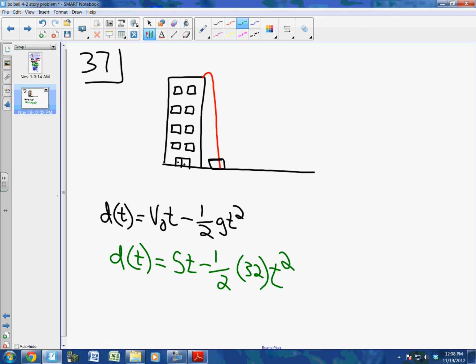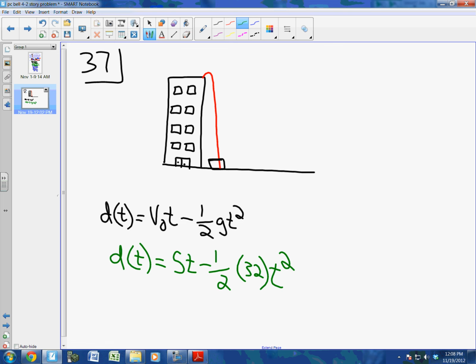And if you know the value of it, like we do right here, it's 5, then you can just substitute it in there. You'll see 32 feet per second squared as the acceleration due to gravity a lot too. Usually gravity is 32 feet per second squared, and you'll get a problem like that.